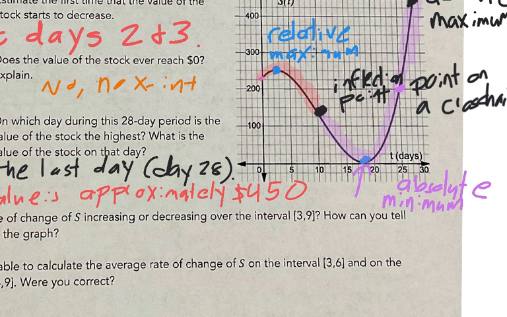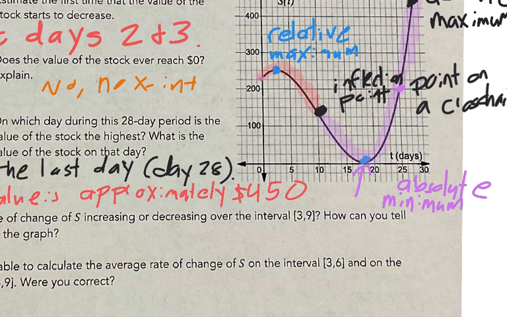It's switching from maximum to minimum. The graph is concave down. What happens when the graph is concave down? Rates of change are decreasing. Right? Instantaneous rates of change are always decreasing when it's concave down. So that's the way they're going to want it explained, using concavity.